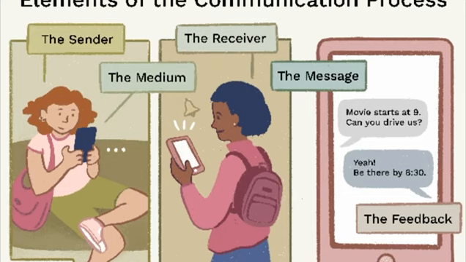So we shall proceed. The last element of the process of communication is feedback. Feedback is the final step of the communication process, ensuring that the receiver has received the message and understood it in the same sense as the sender means it.